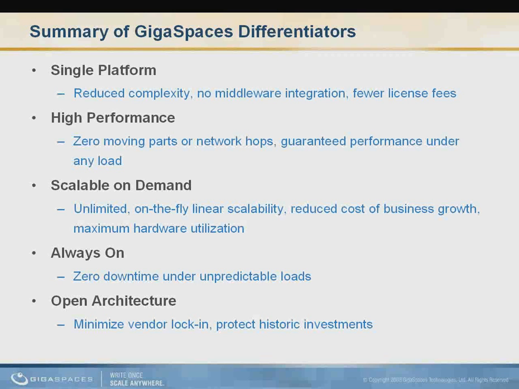The high performance has always been one of the key factors that drove people to look at GigaSpaces, and will probably continue to be. Our challenge is not just to deal with the performance, but to make the ability to inject that value into applications simpler. So doing performance and distributed computing in a simple way is probably going to be a continuous source of innovation for us and a source of value for our users.